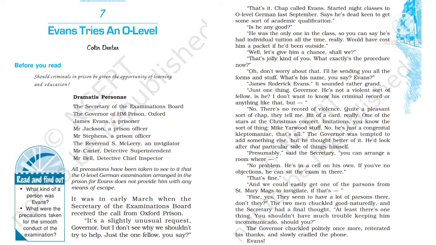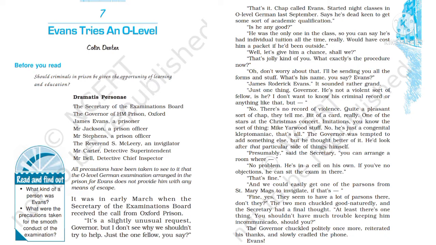Secondly, the secretary asked whether Ivans was a violent person or not, to which the governor said that he was a nice guy and a bit humorous and was the star at the Christmas concert. He even compared Ivans to Mike Yarwood because he could imitate or copy others. He also added that Ivans was a kleptomaniac, that is, he used to steal things.